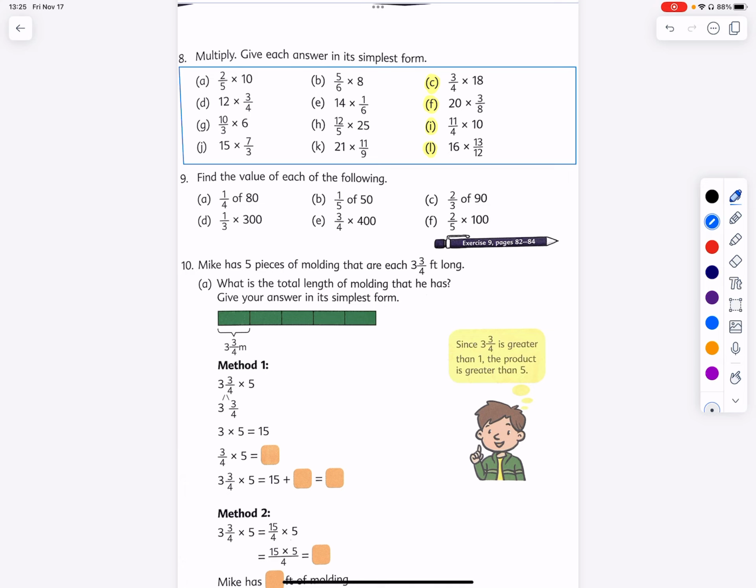So let's start. 3/4 times 18. First, let's rewrite it as we normally would. We would multiply 3 by 18 because we're adding 3/4 18 times. Of course, we can say 3 times 18. That will be 48, I believe, and then divide by 4.